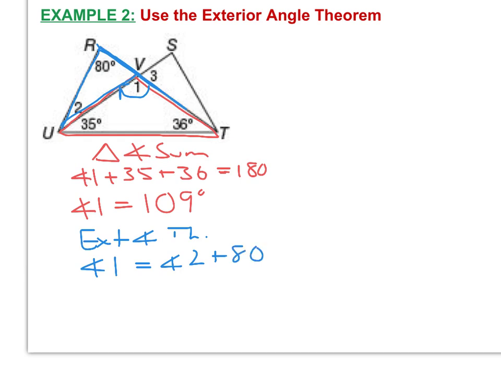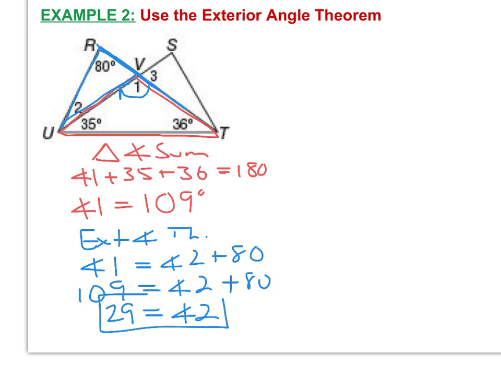Again, 1 and 2 are names, not measures. We have a measure for angle 1, so we plug in 109 and solve for angle 2. Subtract 80 from both sides, and the measure of angle 2 is 29. We should be boxing our answers.